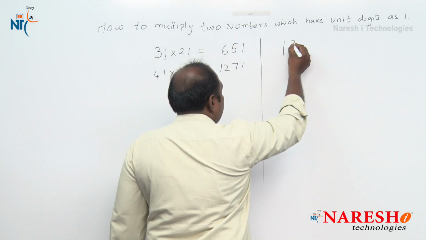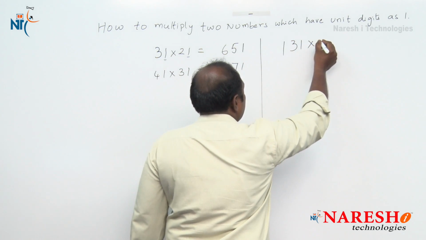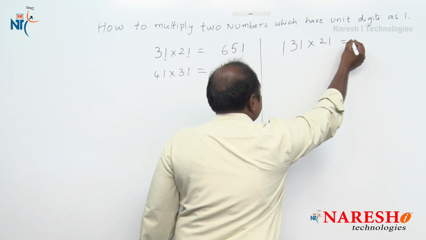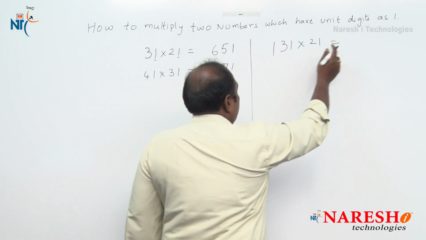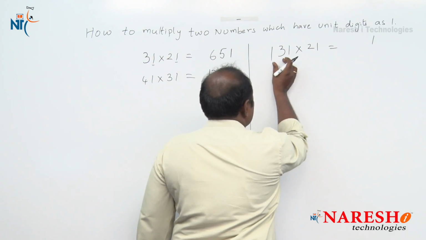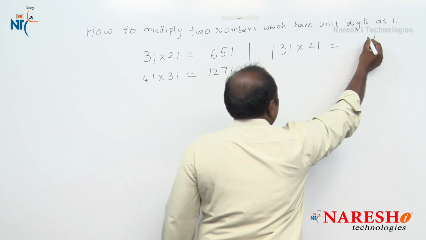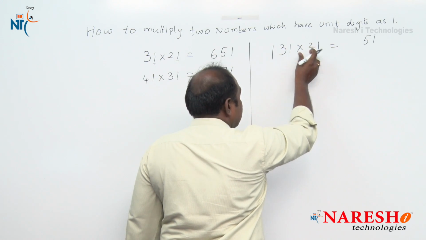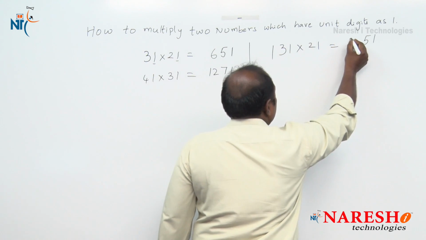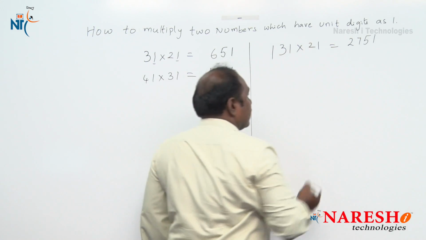Suppose I need to multiply 131 with 21. Same method we are going to follow. 1 into 1, 1. 13 plus 2, 15. 13 into 2, 26, but there is a carry of 1, so it should be 27.